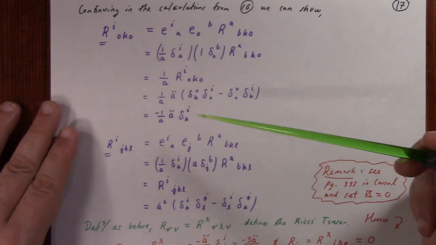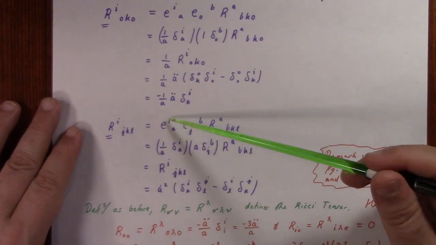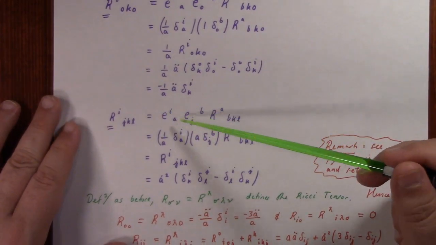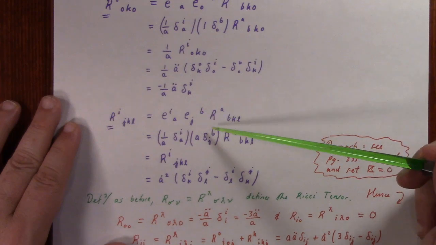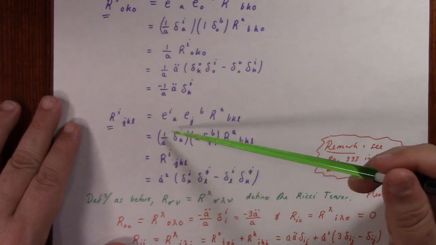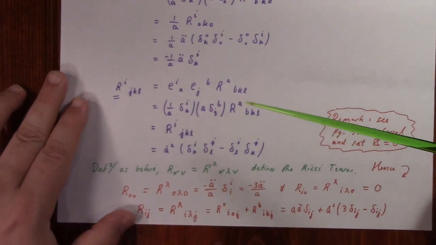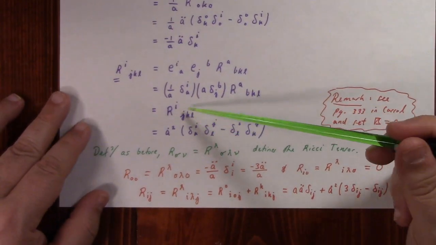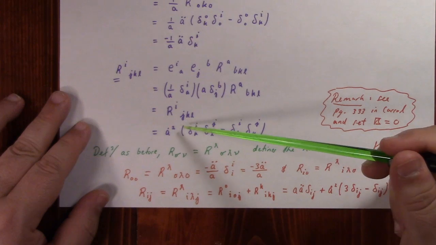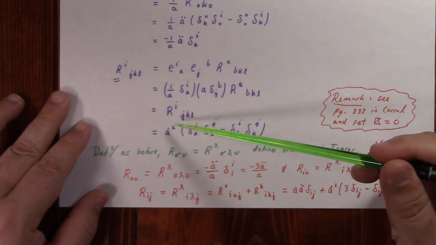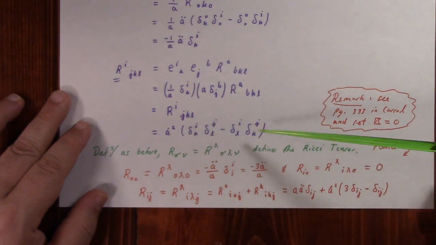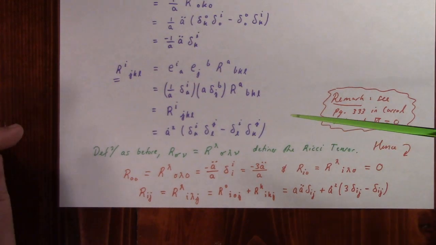And then RIJKL, again, pair of tetrads. That forces I equals A, that forces J equals B, with a multiplier of 1 over A. They cancel, and you get this RIJKL, which we saw had components A dot squared, this anti-symmetrized bunch of Kroneckers.